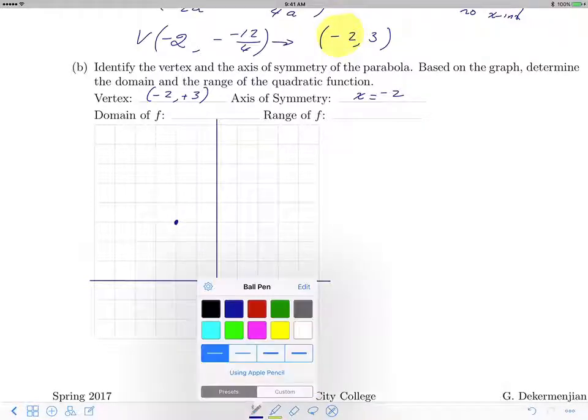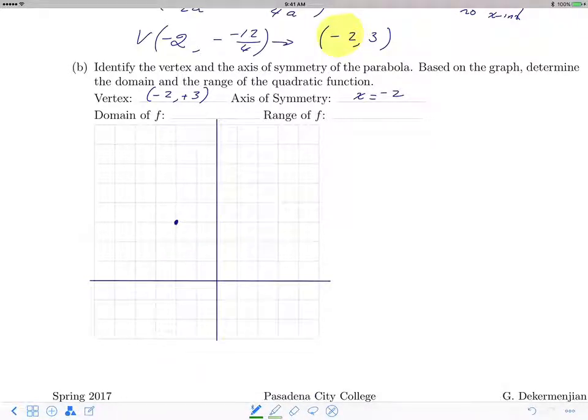That's the vertex. And then let me draw the axis of symmetry. It's a line that goes through the vertex like that. That's the axis of symmetry. We'll label this as v, negative 2 comma 3, and x equals negative 2 is the axis of symmetry.